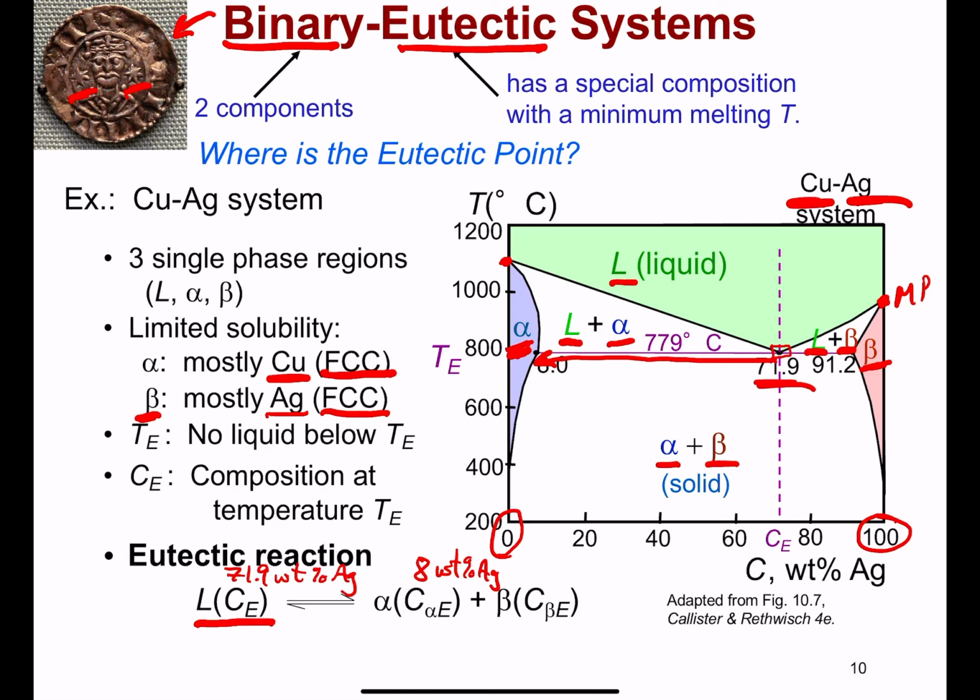Similarly, if we're interested in the beta, this time we'll walk to the other part of the tie line, and we'll meet up with the beta phase, and so we strike that at 91.2%. So the beta phase is going to be 91.2 weight% silver.